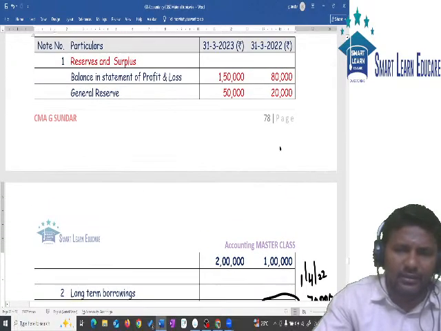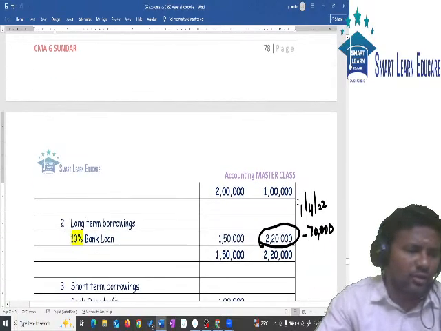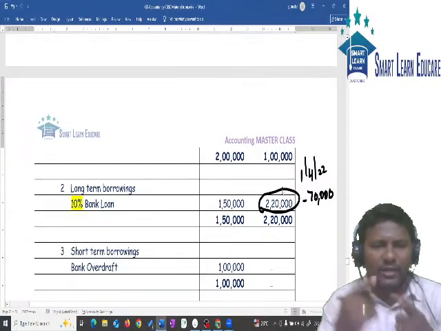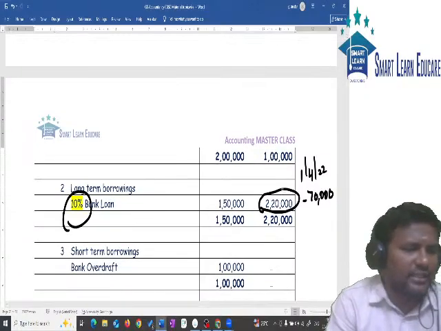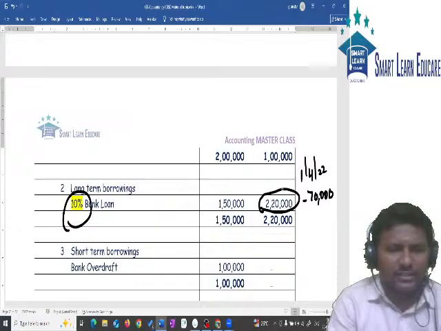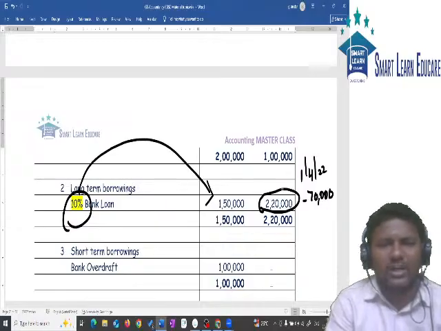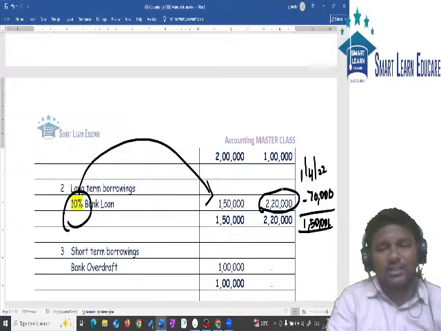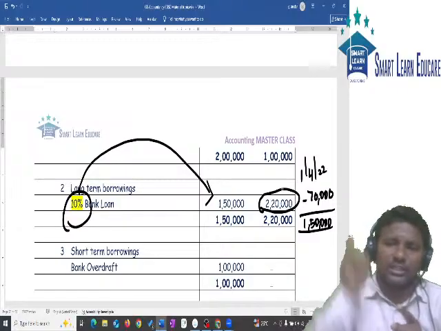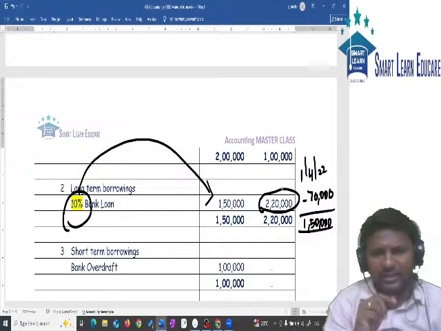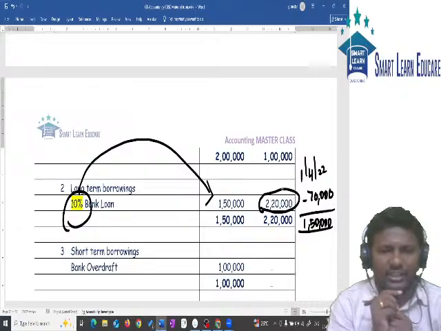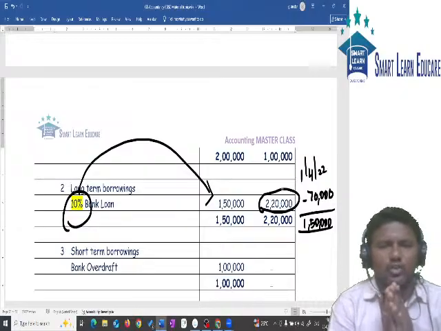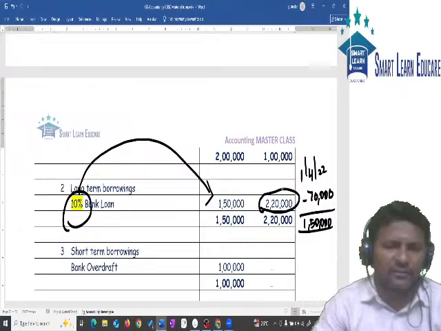It means when you calculate interest of 10%, this interest should be calculated only on the closing balance, which is 1,50,000. Because the principal 70,000 is paid at the beginning of the year, this 10% interest should be calculated only on 1,50,000.